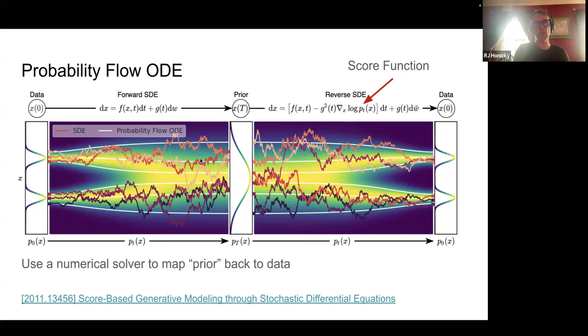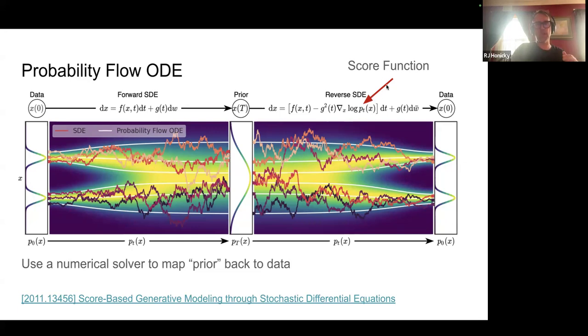This is what happens if you make the number of those discrete Gaussian blurrings infinite and infinitely small. And the other thing to look at is the score function.